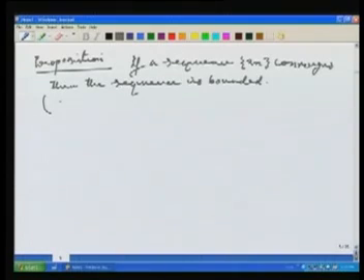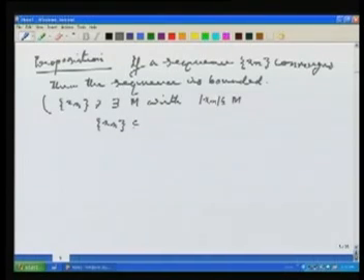A bounded sequence means it is a sequence xn such that there exists a real number m with mod of xn less than or equal to m. That essentially means the whole sequence can be thought of as a subset of the interval minus m to m. Okay. Well, let us see how the proof follows.